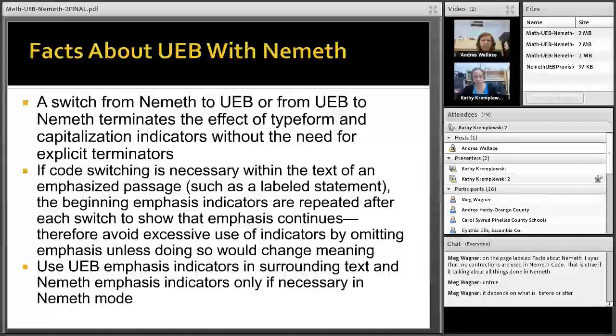It did say use UEB emphasis indicators in surrounding text and Nemeth emphasis indicators if you're in Nemeth mode, which makes sense. Use whichever code you're using. And this is the majority of the information in the provisional guidance for transcription using the Nemeth Code within UEB contexts that was approved November 2014.